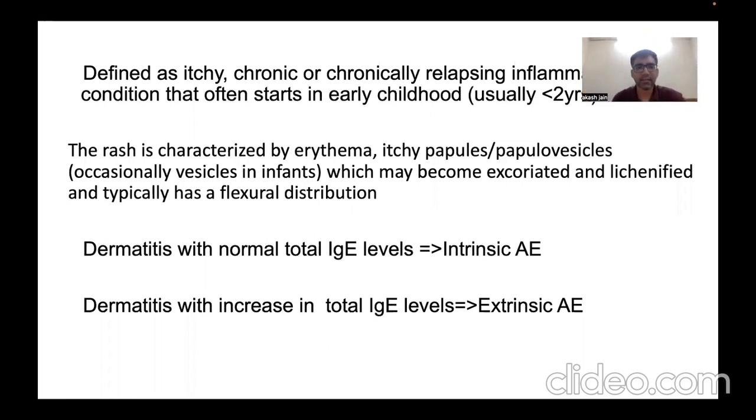It is defined as an itchy, chronic or chronically relapsing inflammatory condition that often starts in early childhood, usually less than 2 years of age. The rash is characterized by erythema, itchy papules, papulovesicles, occasionally vesicles in infants, which may become excoriated and lichenified and typically has a flexural distribution.